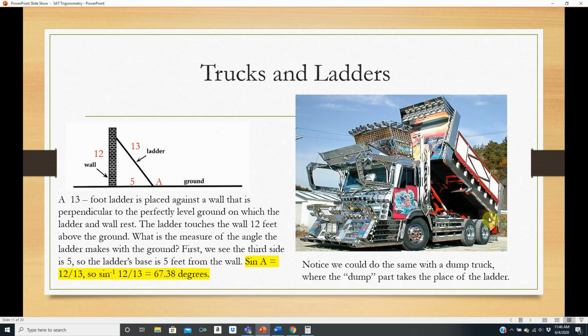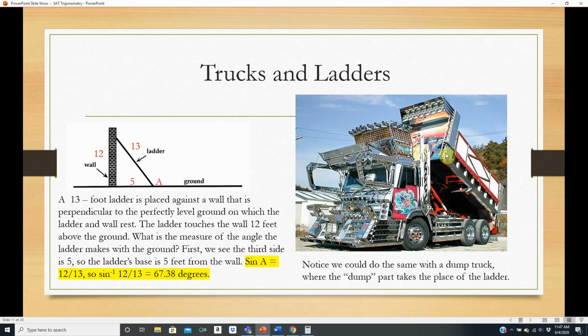they say the rear angle, the elevated dump truck bed, forms an angle with the flatbed. The distance between the front end of the dump bed and the flatbed of the truck is 12 feet.